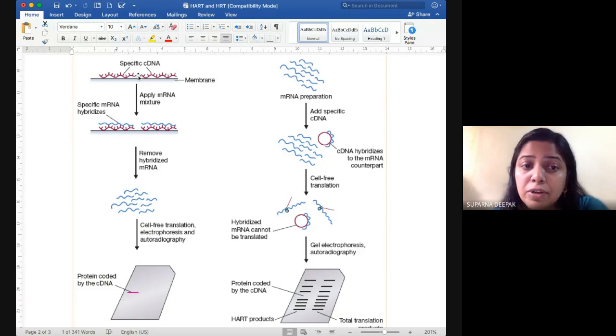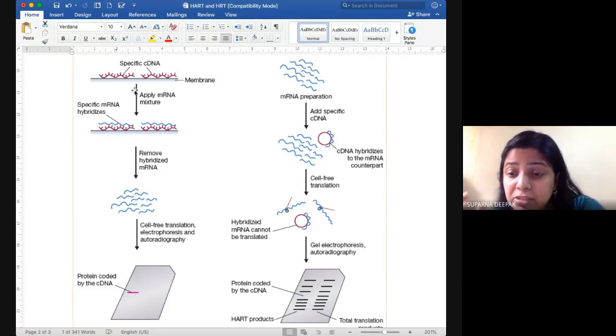Now you will extract the entire mRNA from your recombinant cells. All the mRNA is going to be extracted, so that is your mRNA mixture. Now you allow this nylon membrane to hybridize with that mixture.